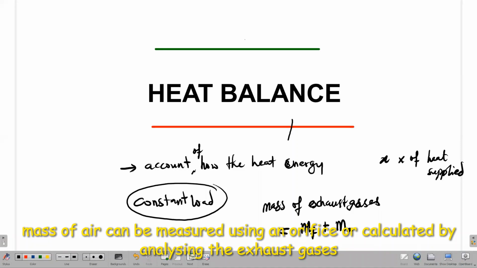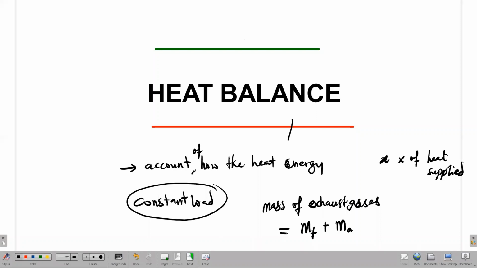Now, with all the data that we will accumulate through the test that we conducted on the engine at constant load, we can do some calculations as follows.